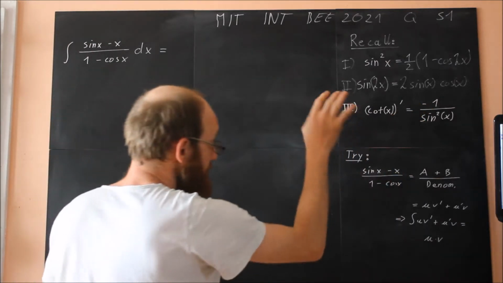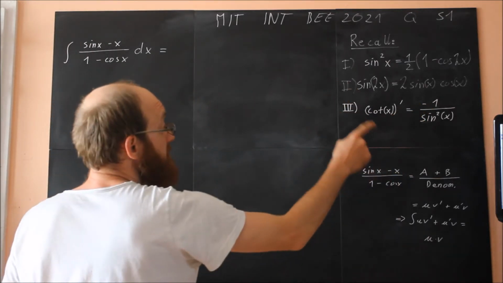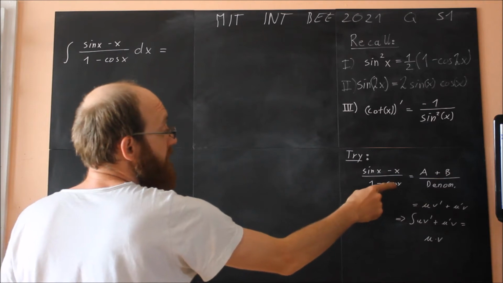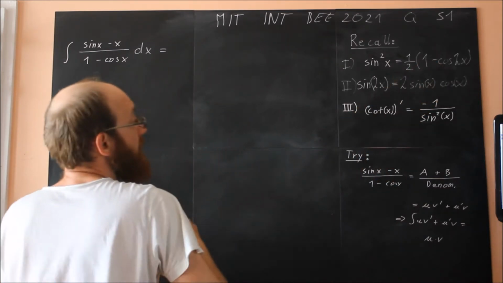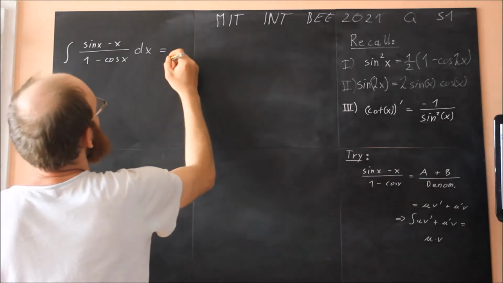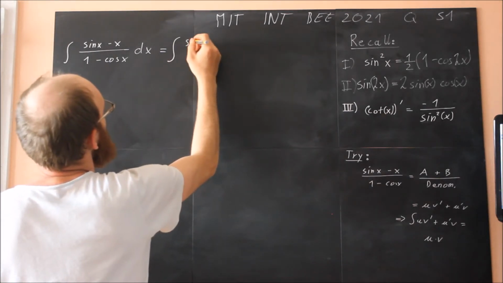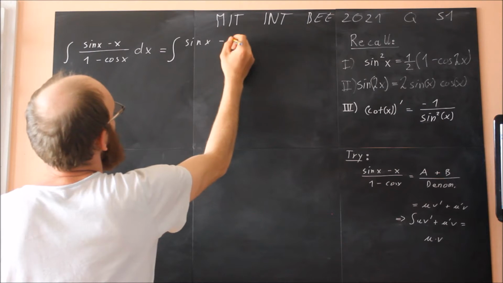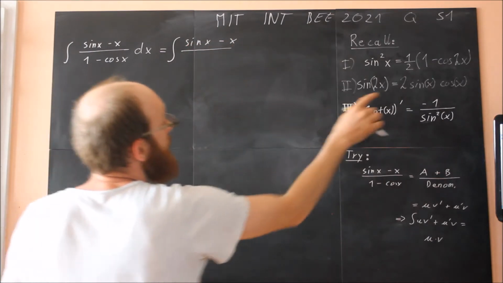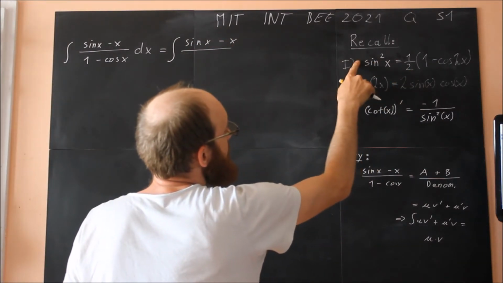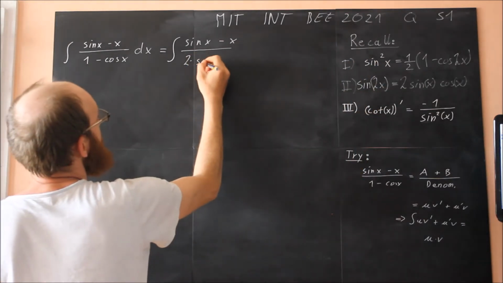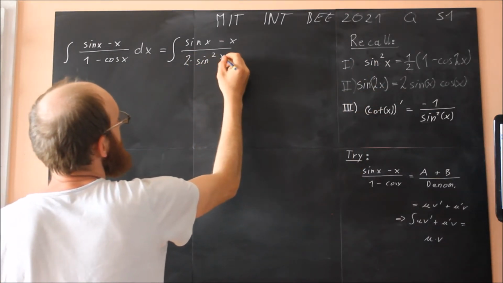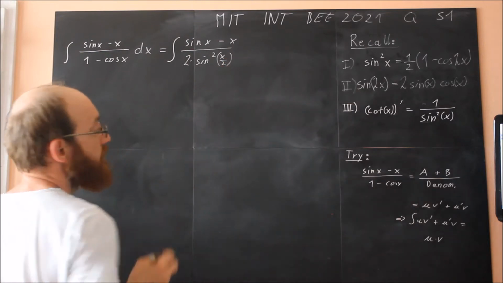Okay, so first goal, rewrite the denominator. We bring the 2 to this side, so we have 2 times sine squared x over 2.